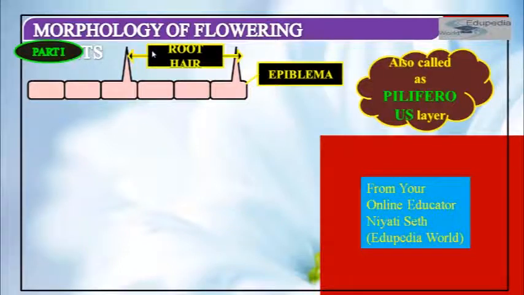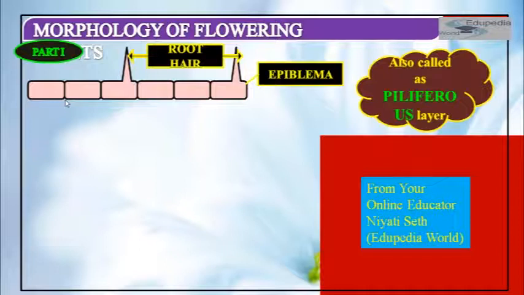So you can say that epiblemma is the outermost covering of the root formed by a single layer of compactly arranged barrel-shaped parenchyma cells. The cells are characteristically thin-walled, as you can see, because they are parenchymatous in nature. The cell wall is very thin. These cells are thin-walled since they are involved in absorption of water. A cuticle and stomata are absent.